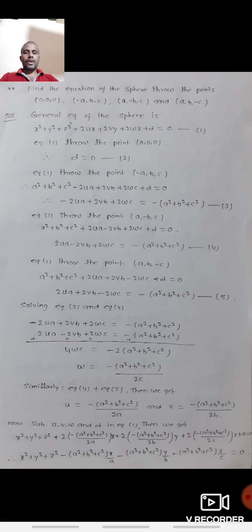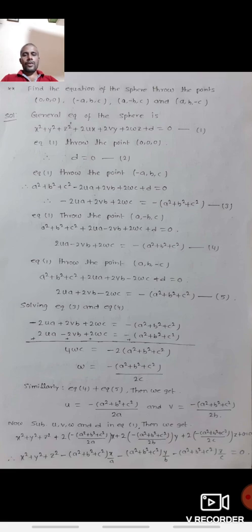But d = 0 from equation 2, so taking a² + b² + c² to the right side, we get -2ua + 2vb + 2wc = -(a² + b² + c²). Let us take this as equation 3.